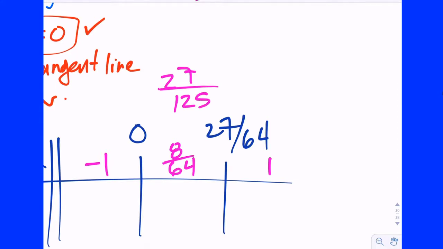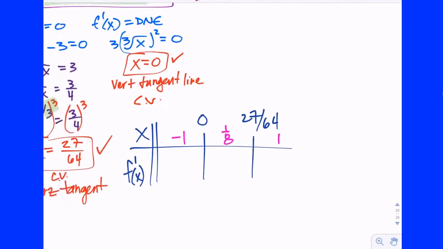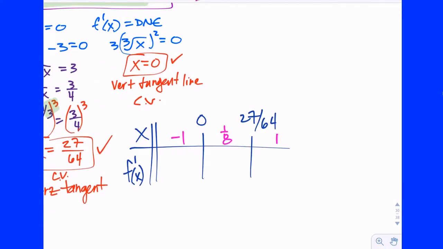So either one of those types of numbers would be great to use for testing that interval. Of course, 8/64 simplifies even more to what? 1/8. So I might use that one. Okay, but either one of them would work in either form. I'm going to choose an 8. On the test, I think it was a 1/64 or a 1 something. So you had to choose like a 1/125.